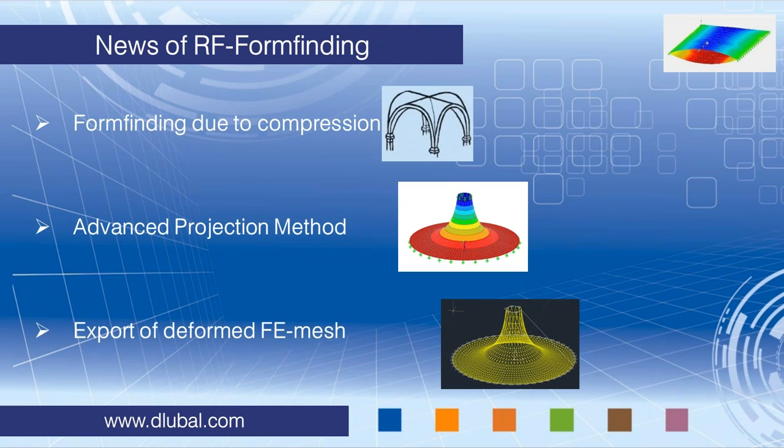As introduced, I will now give you a short overview of the latest developments of our form finding and cutting patterns, and I start with the latest three items in form finding. As you see on my slide here, we recently introduced a form finding assumption for compression loaded models.